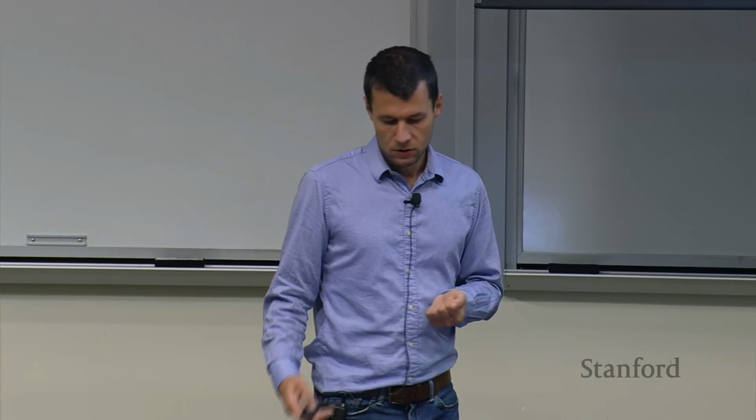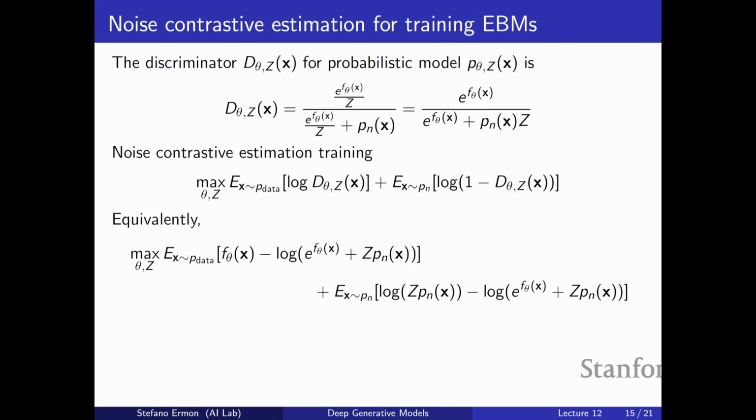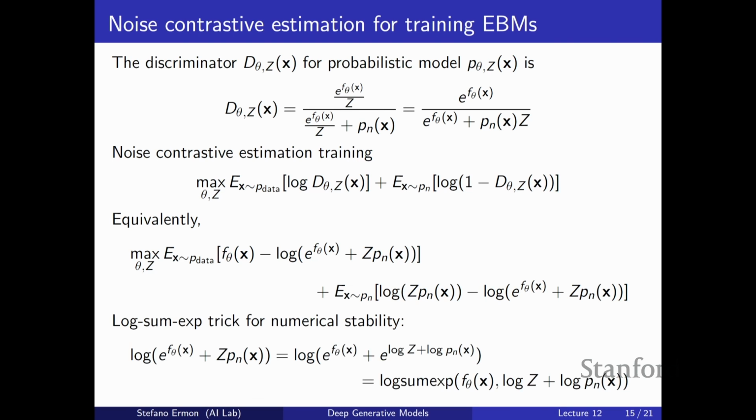Cool. And then, for numerical stability, that's the objective. You plug in the expression for the discriminator here, and you get a loss that looks like this, with the log of a sum of two things. For numerical stability, it's easier to use the log-sum-exp trick: the log of e to the f theta plus Z P_n, which is what you have in the denominator, is more numerically stable when written as a log sum exp.